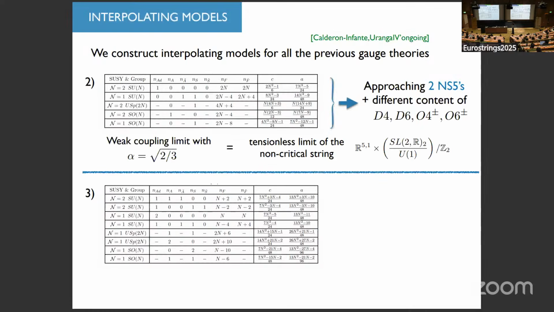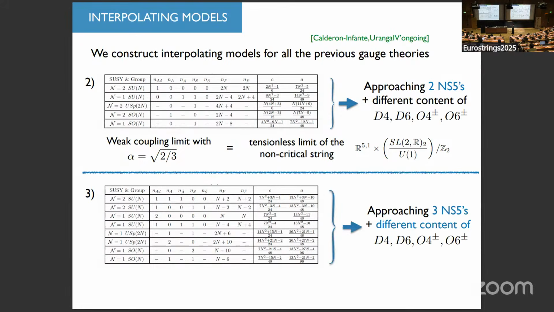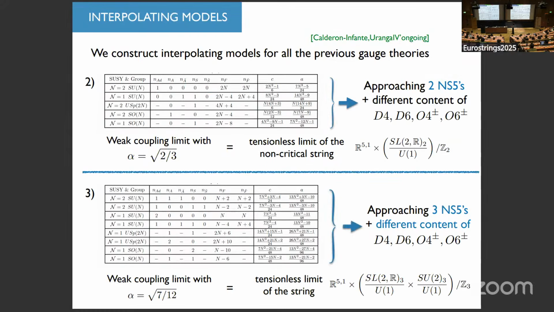Okay, but then the weak coupling limit we are talking about would be like the tensionless limit of this non-critical string background. And the others, they come from approaching 3 NS5 branes. That's what distinguishes them, with different content of the branes and orientifolds. And therefore, this weak coupling limit with this other value of the exponential rate corresponds to the tensionless limit of this other string background.